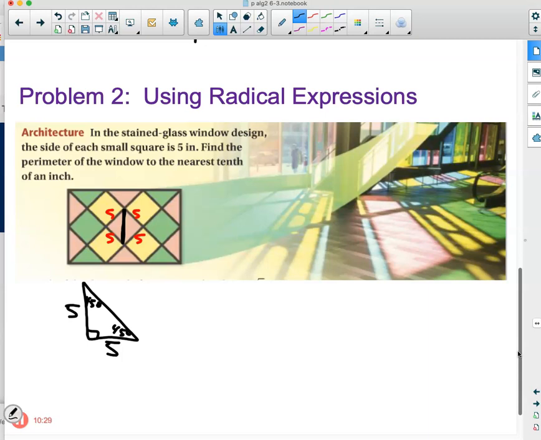And this will go a lot faster if somebody remembers from geometry how the side lengths are related in a 45, 45, 90 triangle. We can use the Pythagorean theorem. Anybody remember another way? Well, then we're going to do the Pythagorean theorem.